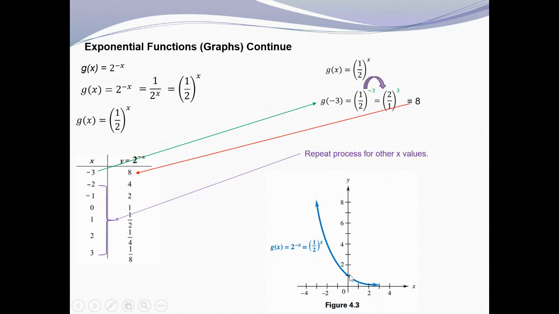At 0, like always, y will just be 1. When x is 1, y is 1/2. When x is 2, y is 1/4. When x is 3, it'll just be 1/8. They don't even show it there because it's going to get closer and closer to the x-axis, or to 0. So this is how the graph would look.